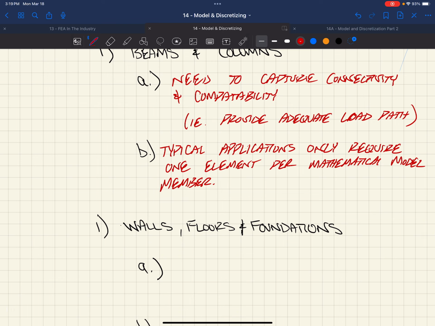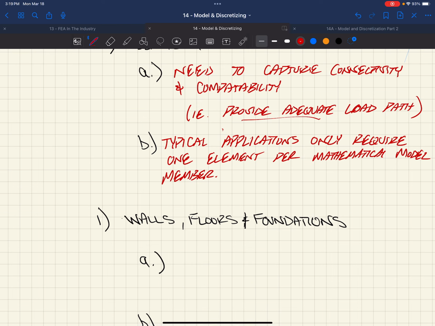And so there are some special cases where we would want to consider maybe breaking these elements up even more, right? One of them is adequate load path, right? If we want to create adequate load path.